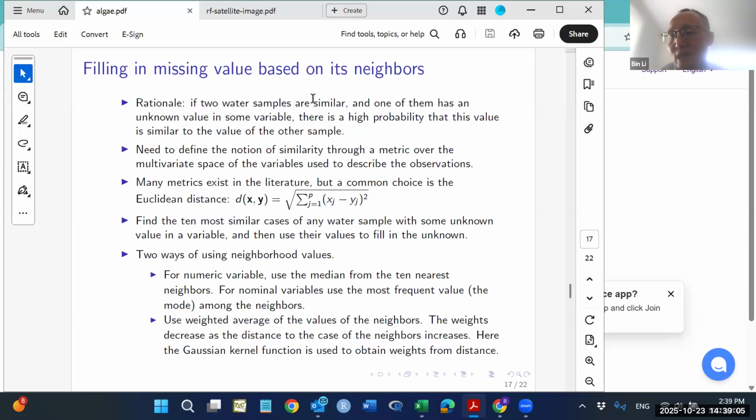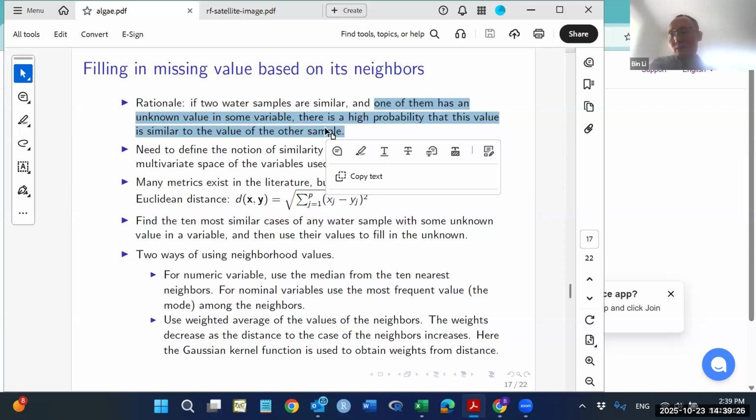Similar means that all the X variables are very close to each other. Then if one of them has some unknown value in some variable, there is a high probability that this value is similar to the value of the other sample. So we can use the similar samples' information to impute the missing value in another sample.